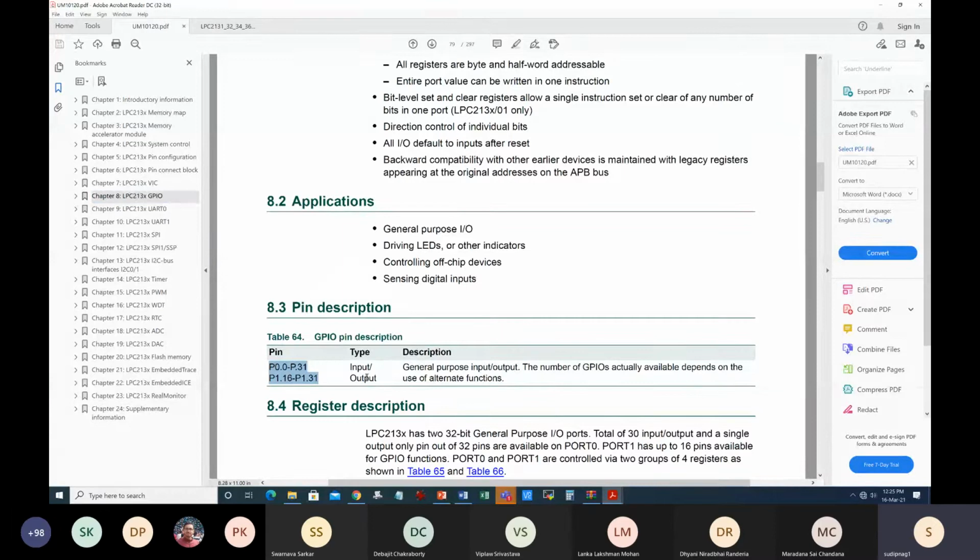These are all digital in general, unless multiplexed with some analog lines like ADC or DAC lines, in which case some pins can also work as analog input or analog output pins, given you select the alternate function through the pin cell properly. So you have to configure pin cell 0 or 1 properly.